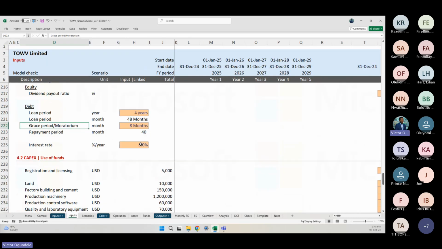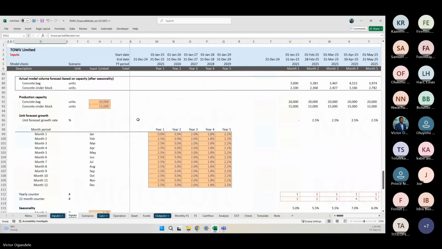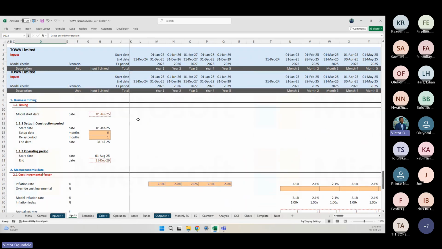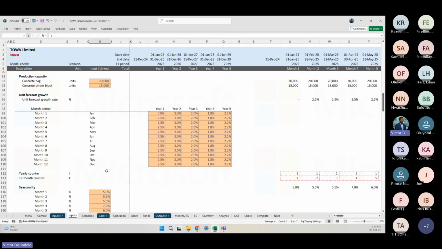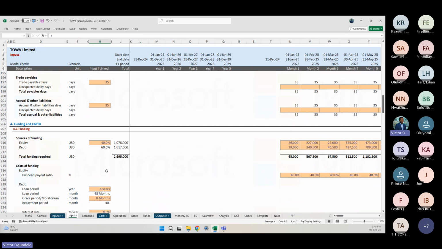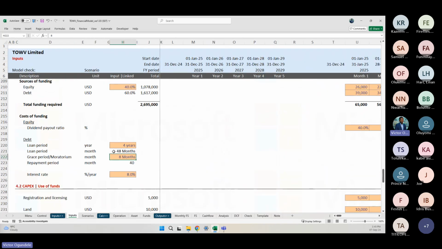So I think what we should do is let's keep our grace period to the exact construction period, which is 7, right? So let's go to our input. Let's update our grace period. So let's just put a formula there instead of hard coding it. Let's make it the same thing as our setup period.